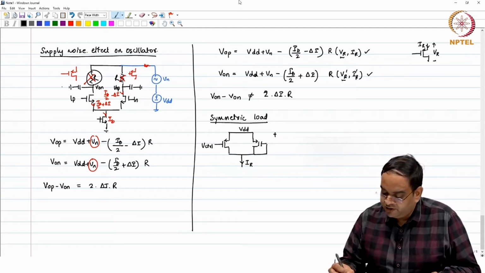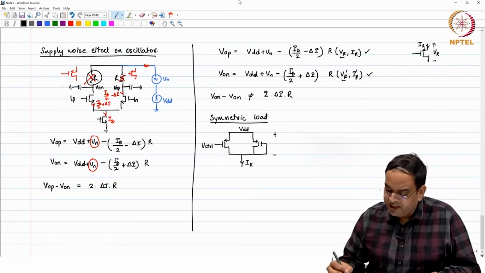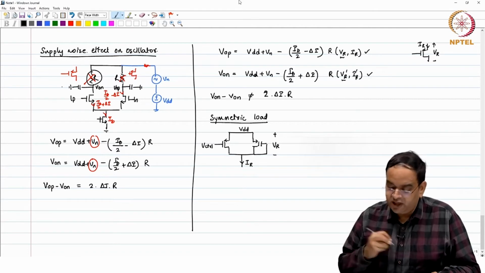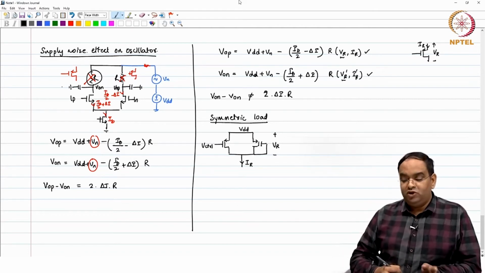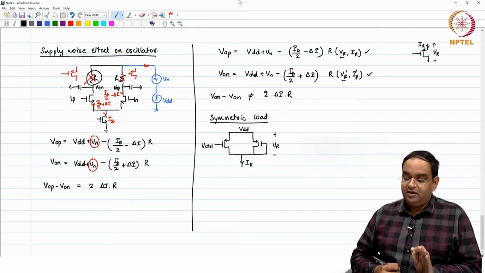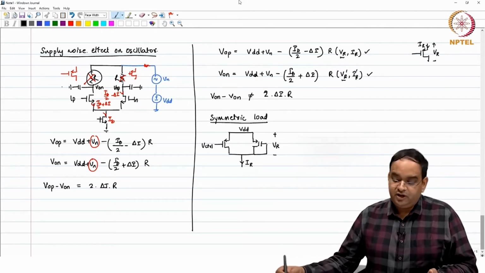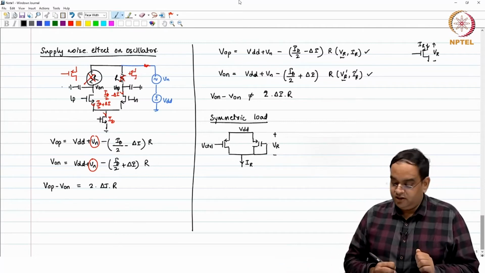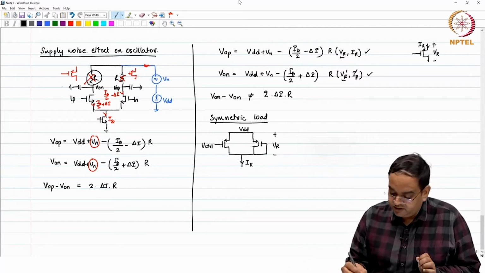The potential difference between the VDD and the output node is VR. Okay. Both the MOSFETs have the same size. Now, this MOSFET operates under different conditions. So, let me just write this as MP1 and MP2.